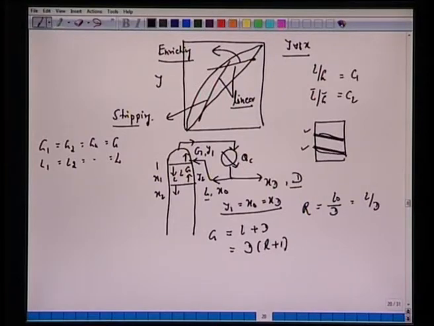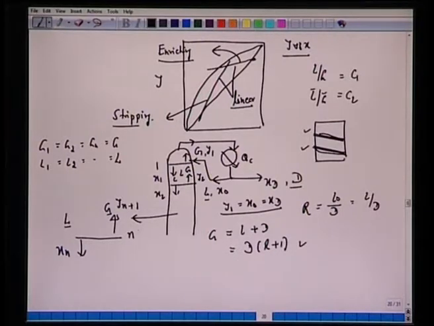Now let's take an arbitrary stage, say N. The vapor leaving has mole fraction Yn plus 1, and the liquid leaving this tray has mole fraction Xn. We have just one G, and all liquid which we have here is L. So we are writing G equal to L plus D, which is D times (R plus 1).